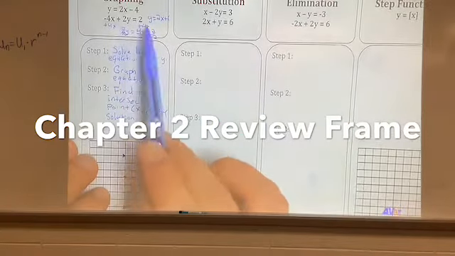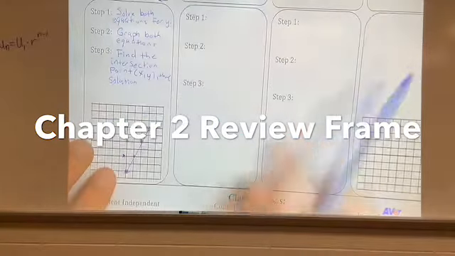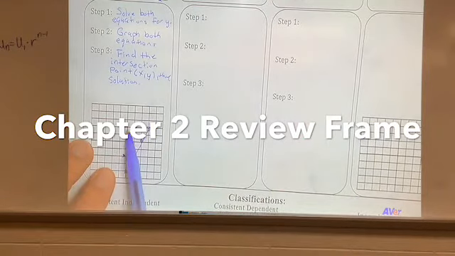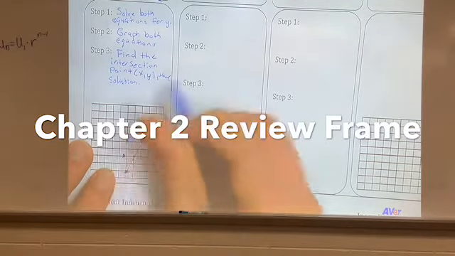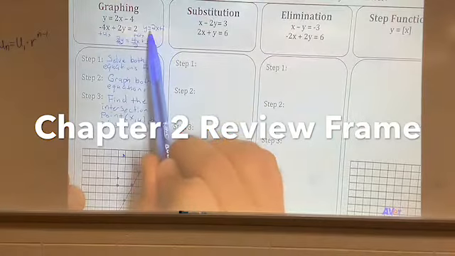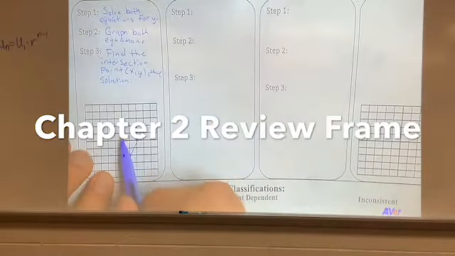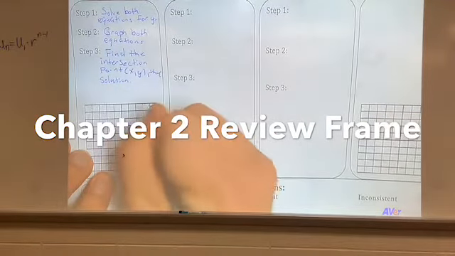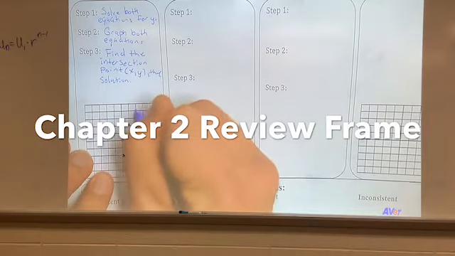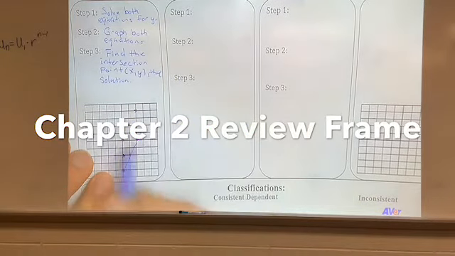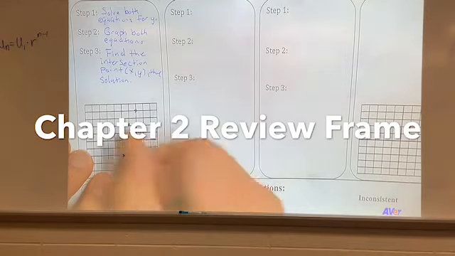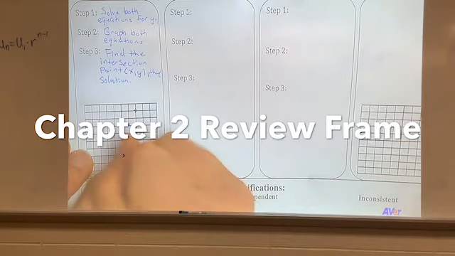For my second one, my y-intercept is 1. So if this is the origin, I go up 1. My slope again is 2, which means we go up 2 over 1, and then up 2 over 1. If I want to go backwards, you can go down 2, back 1, and the same thing over here.